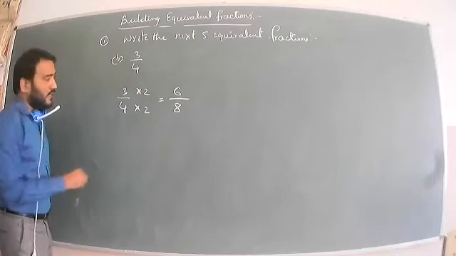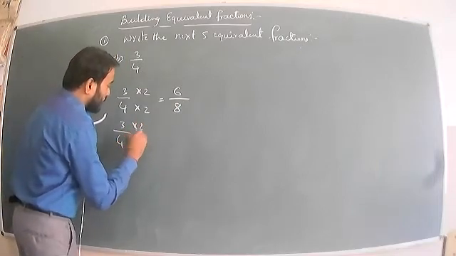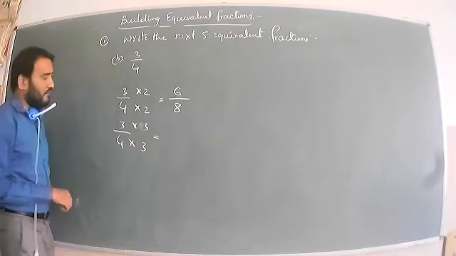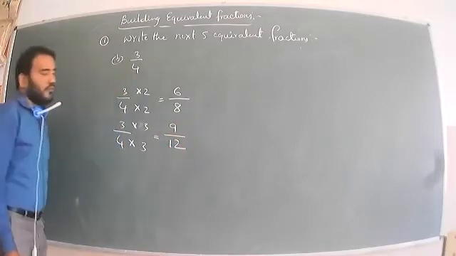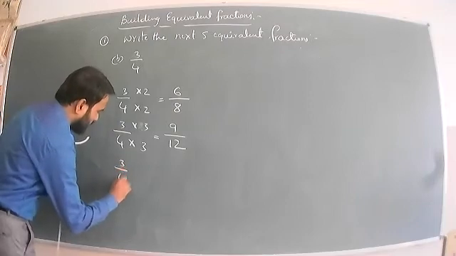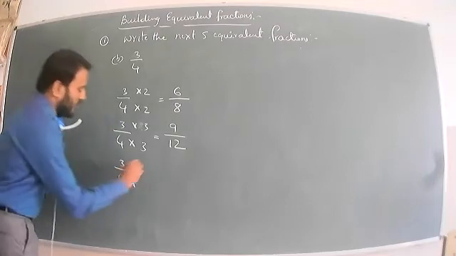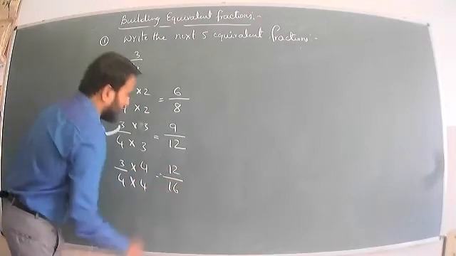So 6 by 8. Next, multiply by 3, since 2 is over. 3 times 3 is 9, 4 times 3 is 12. Next 3 by 4 multiplied by 4: 3 times 4 is 12, 4 times 4 is 16.